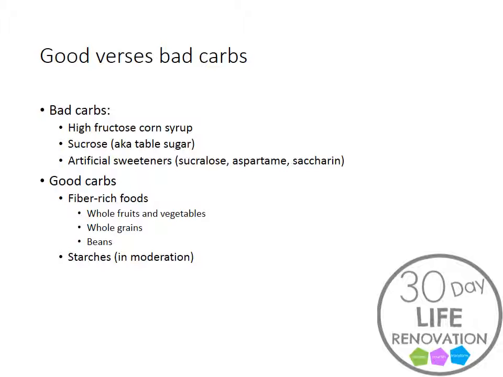And you want to be careful when you're using fruits in smoothies as well, because even though they're whole fruits, you're probably adding more fruit to a smoothie than you would eat probably in one serving. So you want to be careful of that because the sugar can add up pretty quickly.